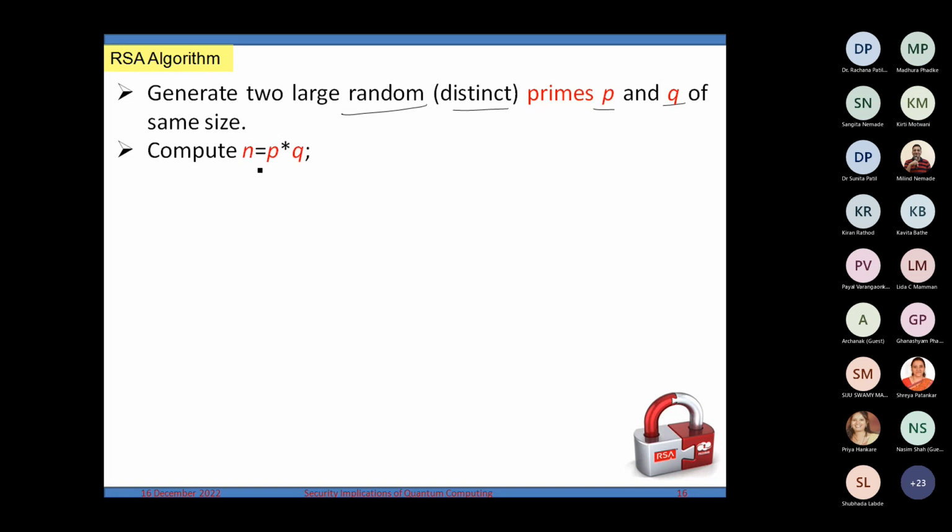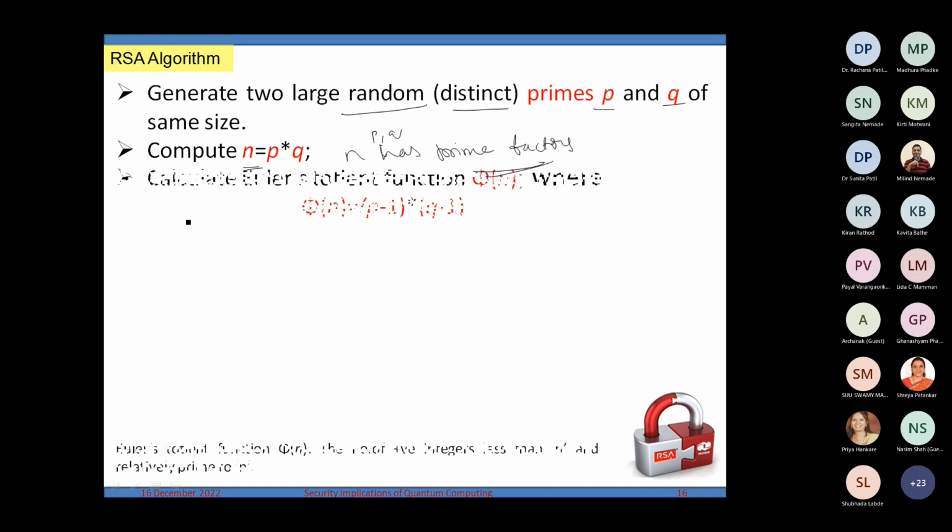Then we are going to calculate their product. So n is p into q, means n has prime factors. This is the most important observation here. So p comma q are prime factors of n. So what we did, first we took the factors, we got the number n.